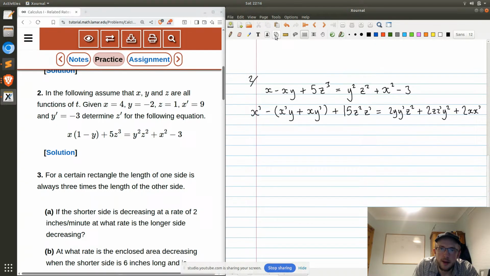So there. Now, get rid of that bracket, so minus sign right there.